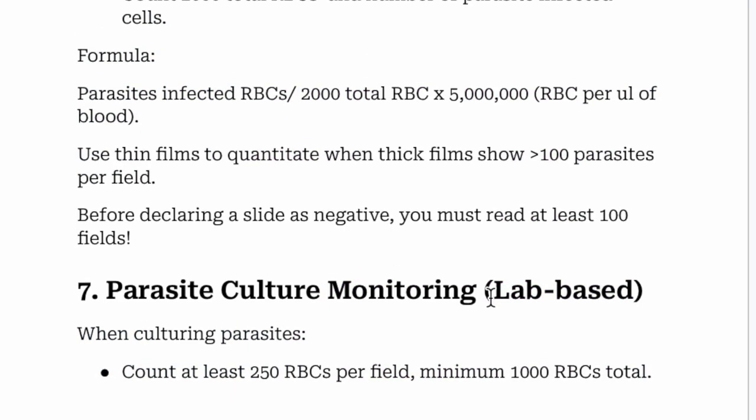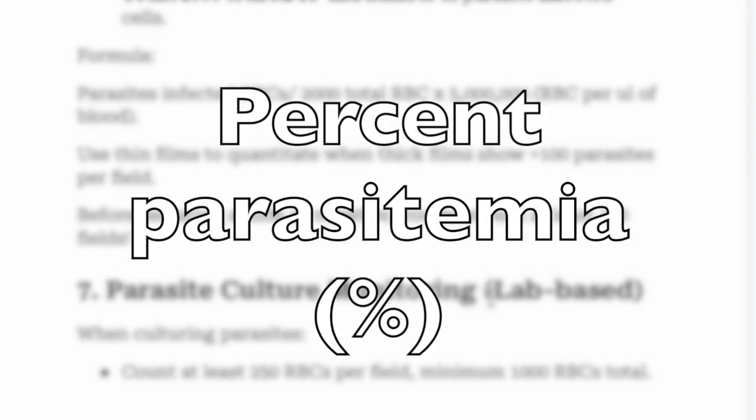For those of us that work in parasite culture rather than in diagnosis, as in a hospital, we have to count at least 250 red blood cells per field, and we need a minimum of 1,000 red blood cells to make the count valid. And so then we use our results to determine percent parasitemia.